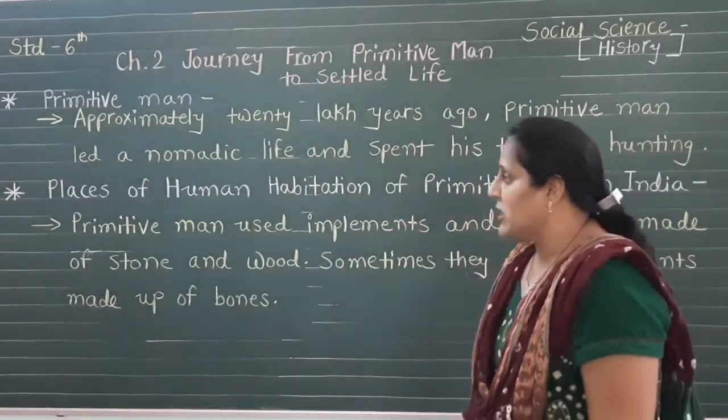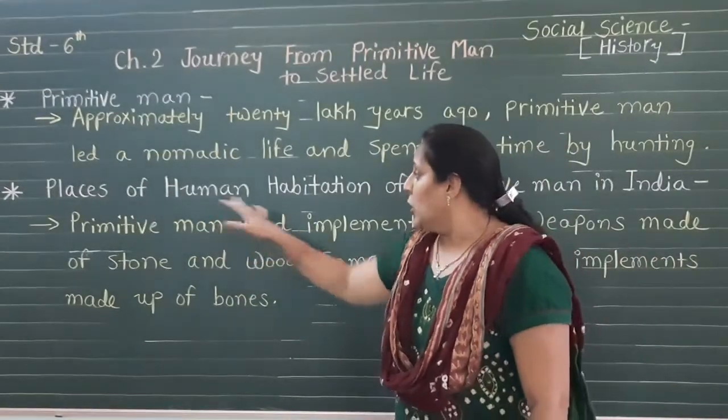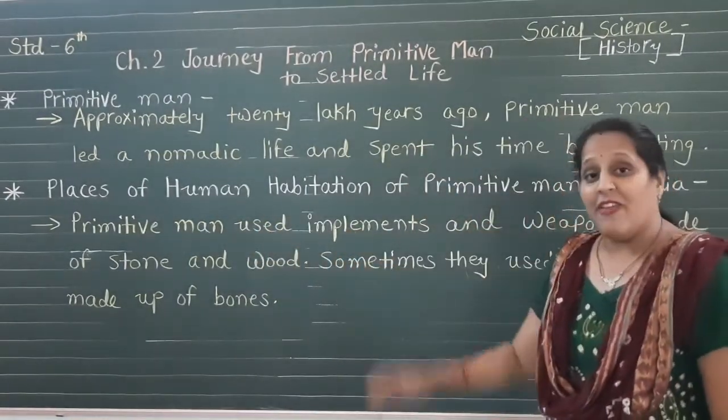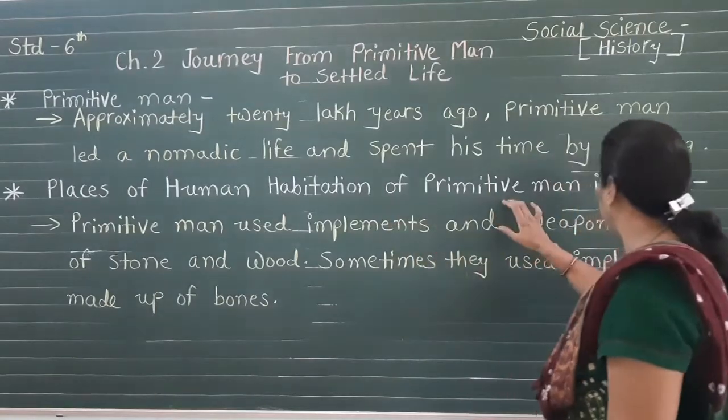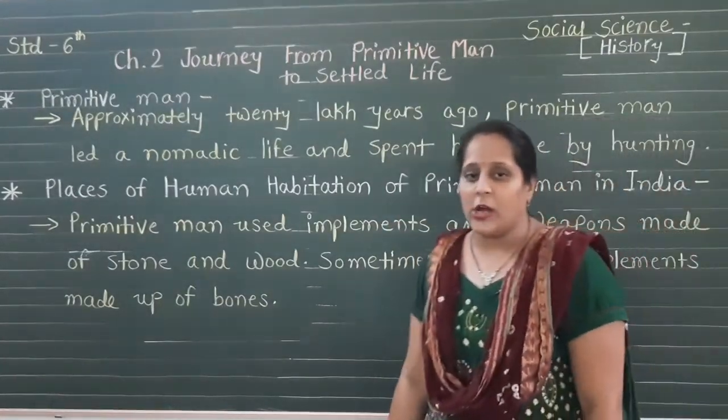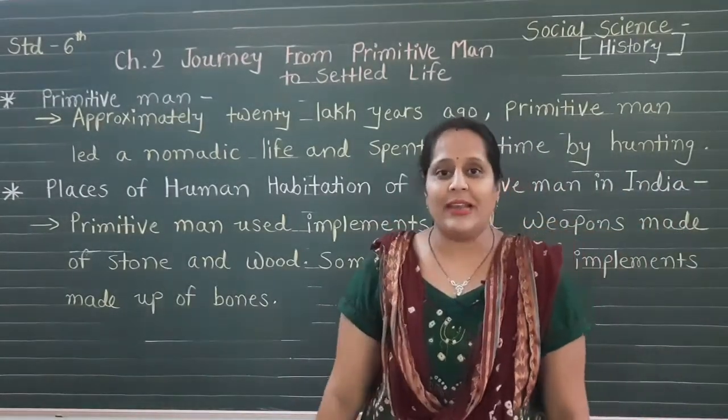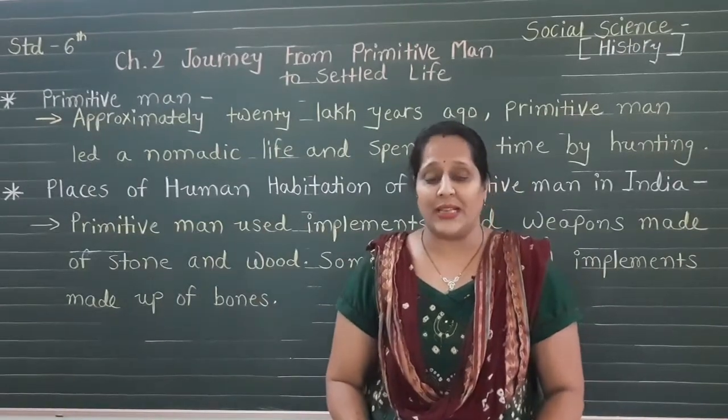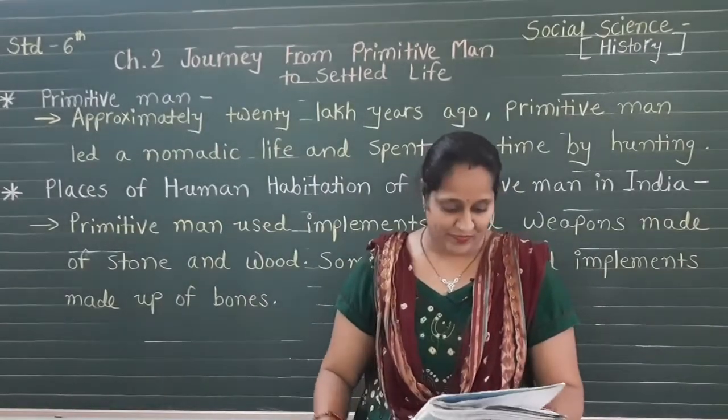A second point, the places of human habitation, means where they lived. Habitation of primitive man in India. If we talk about India, generally primitive man lived in caves.